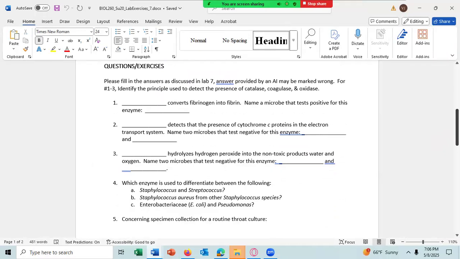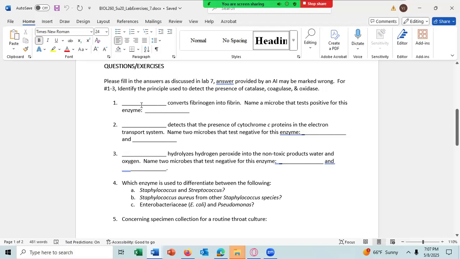Answers provided by an AI may be marked wrong. For questions 1 to 3, identify the principle used to detect the presence of catalase, coagulase, or oxidase. So questions 1, 2, and 3 use one of these three enzymes that we talked about in this lab.